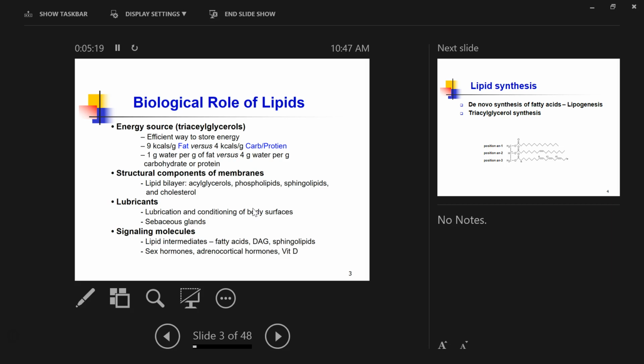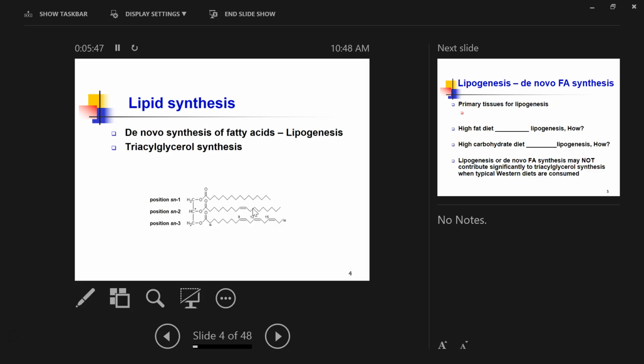And lipids can also be used for synthesis of sex hormones and steroids, or vitamin D, right? So these are the functions or roles of lipids. We need lipids not only for energy, but also to compose the membranes and also as signaling molecules.